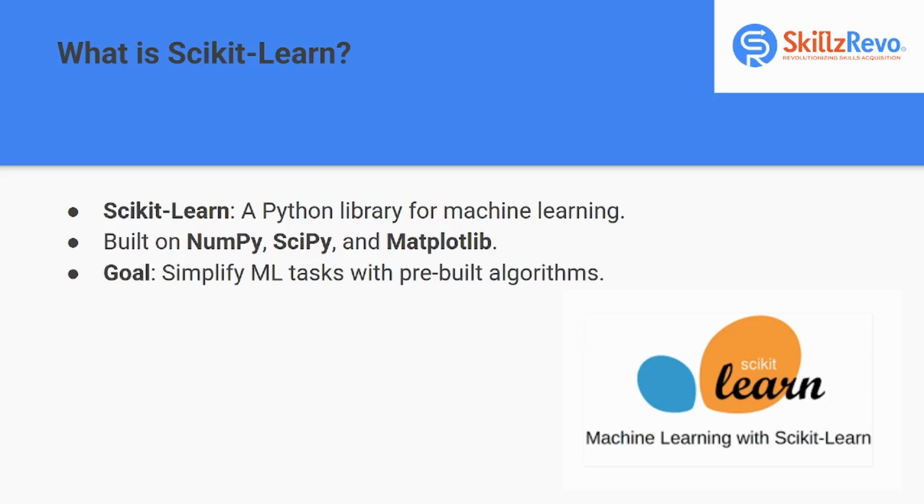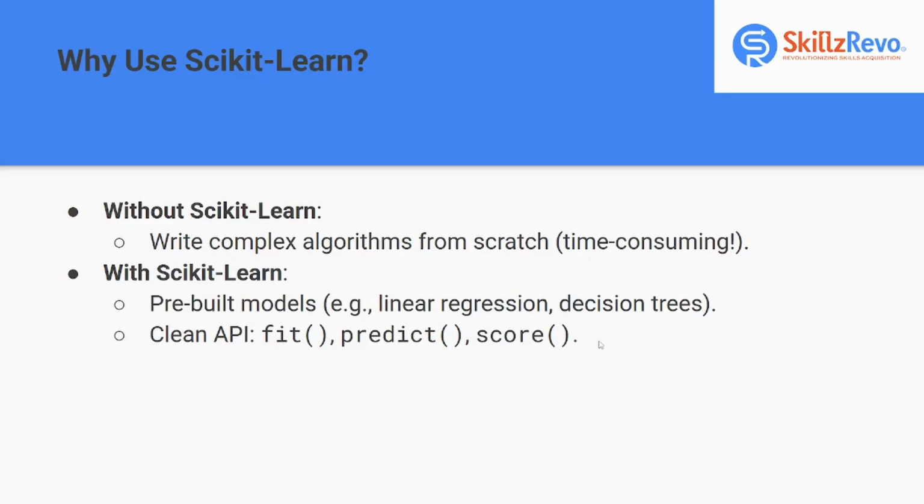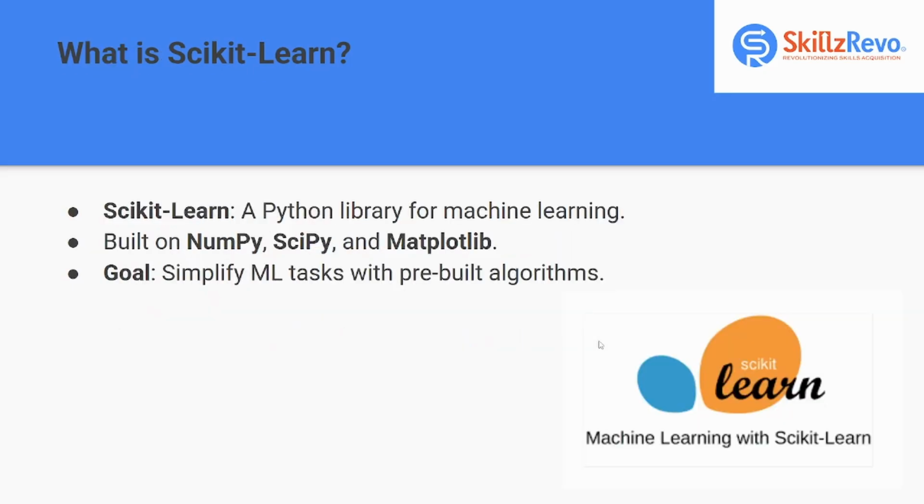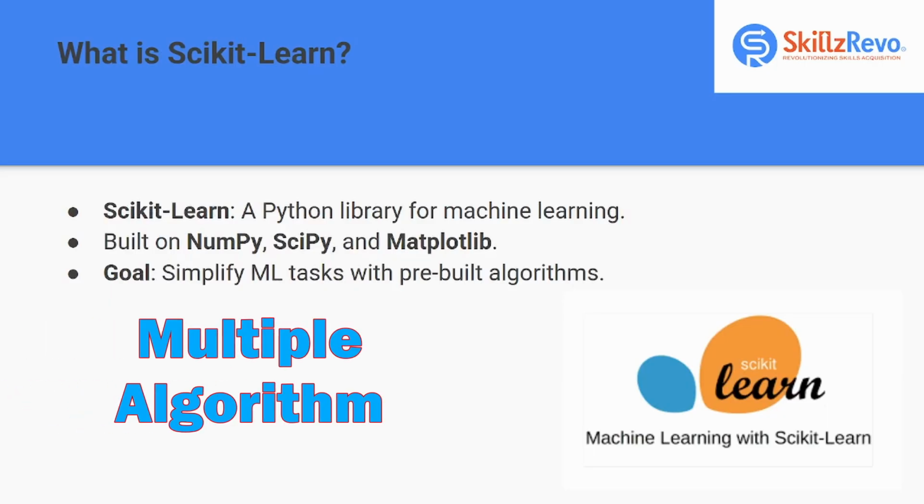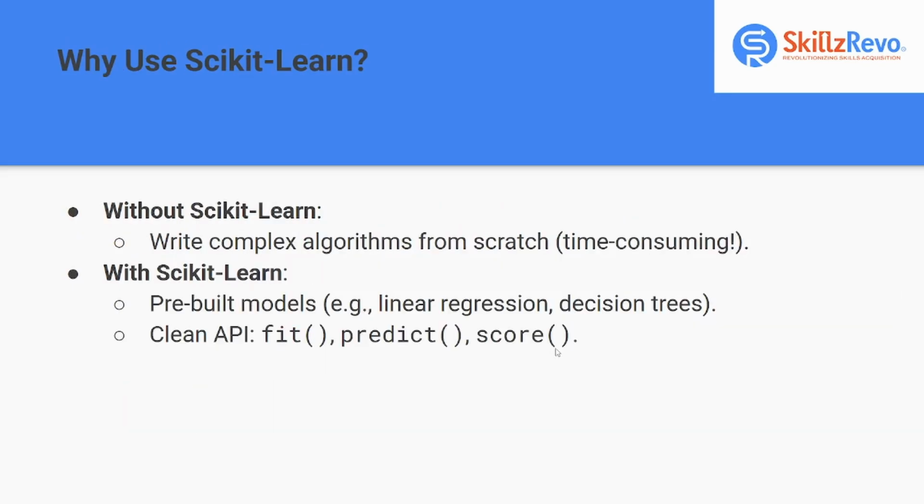The pre-built algorithms in Scikit-Learn include linear regression, logistic regression, decision tree, and SVM. There are multiple algorithms present in this library. So why use Scikit-Learn? Rather than writing a complex algorithm from scratch, we can directly access that algorithm with the help of this library. Suppose we want logistic regression, we can access that algorithm with just one line of code.